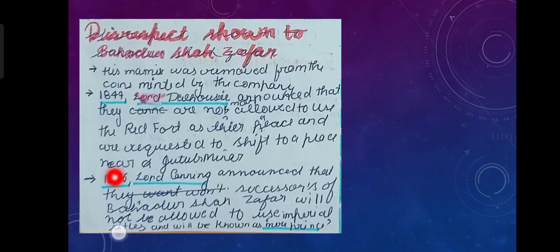Then in 1856, Lord Canning announced that the successors of Bahadur Shah Zafar will not be allowed to use imperial titles and will be known as mere kings. This is a good point. In these two points, you have to remember the year as well as the viceroy.